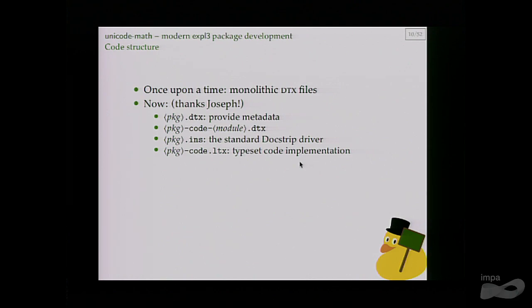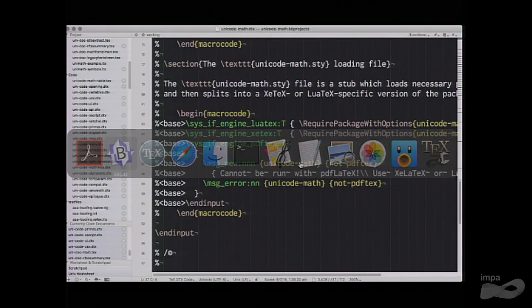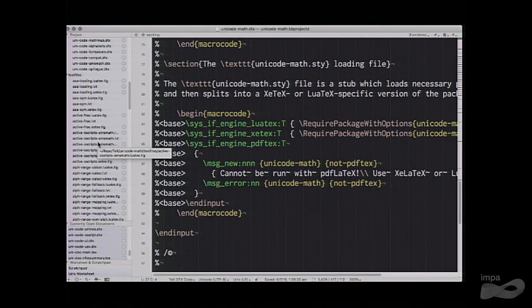And I even came across a bug once where it messed up something to do with an if conditional nesting problem, but let's forget about that. All right, so lots of different types of files, and it's all kept nicely together by the fact that L3 build allows you to say what files are supposed to do what. If we take a look into the side here, you can see that there's a fair amount of stuff there, and there's also test files, of course, which I'll talk about shortly.